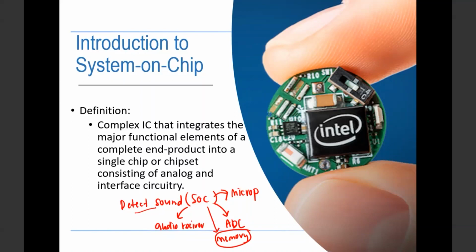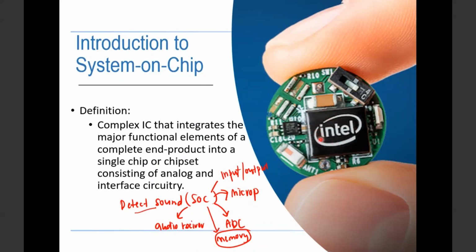And then there is the input output, the GPIO, which is used as input and output ports. So all of these things are already embedded inside this chip.